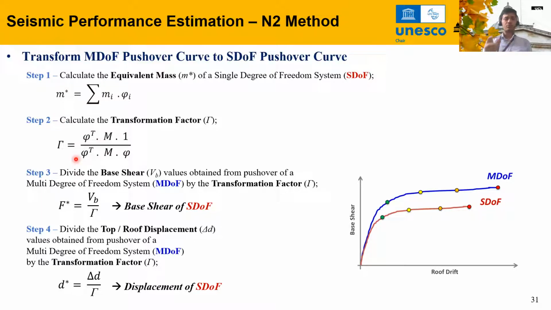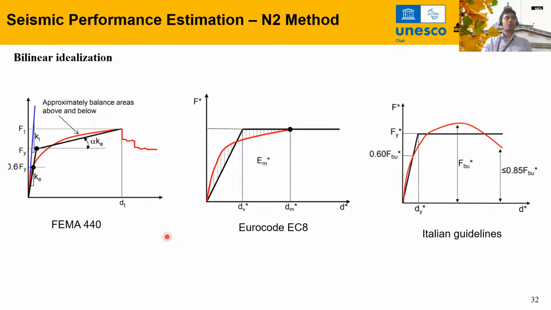We calculate the transformation factor to transfer the MDF system into the SDF system, for which the maximum value is 1. In step 3, we reduce the base shear of the MDF system into the base shear of the SDF system by the transformation factor, and similarly the roof drift or displacement by the transformation factor.